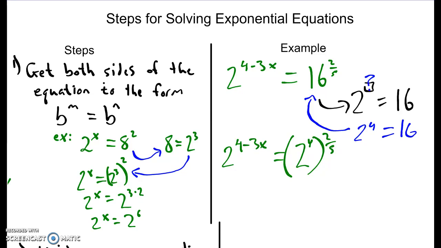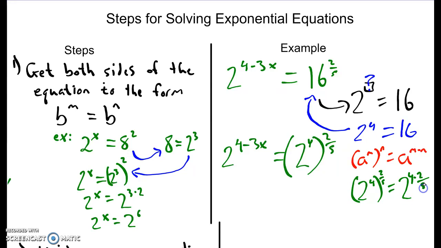So we've got to use this exponent property, which says a to the m, raised to the n, equals a to the m times n, in order to simplify this. In this case, that means 2 to the fourth raised to the 2/5 equals 2 to the 4 times 2/5.